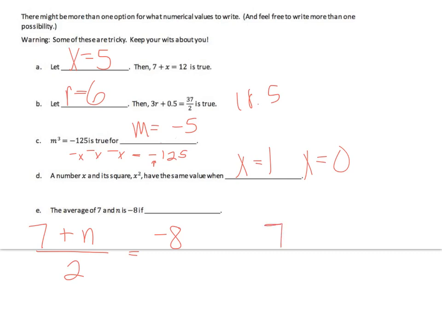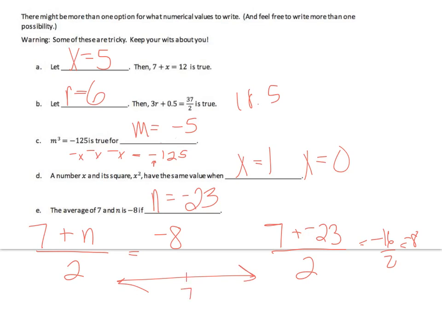So if I went 7 and a negative 23, 7 plus negative 23 is negative 16, divided by 2 is negative 8. Whew, that was a tough one. I had to go back to my number line, right? I had to go this way to get to negative 23 before I could find it.